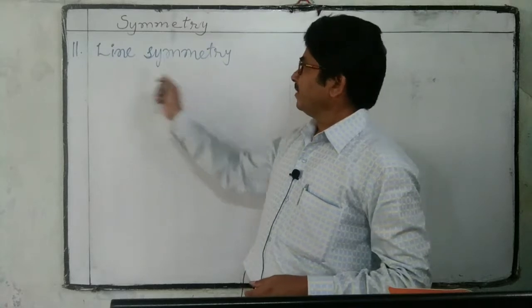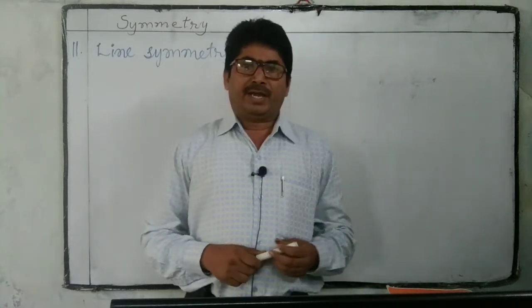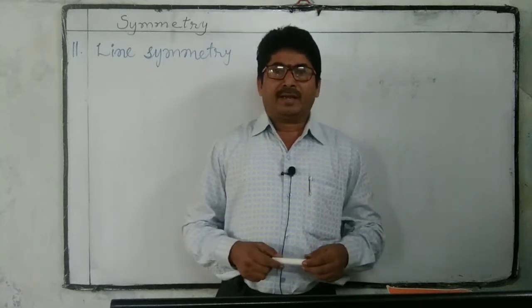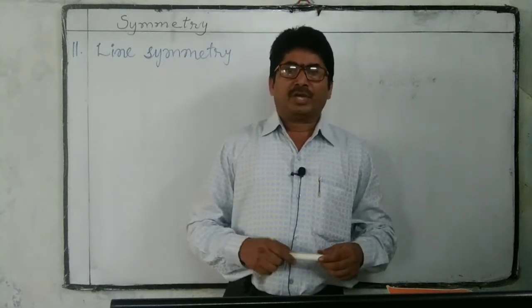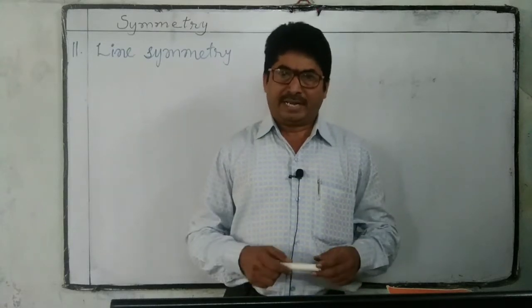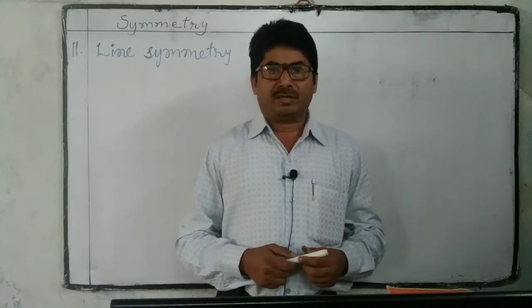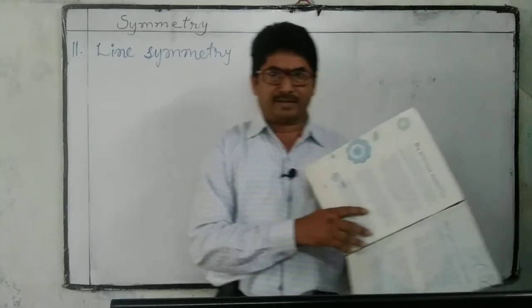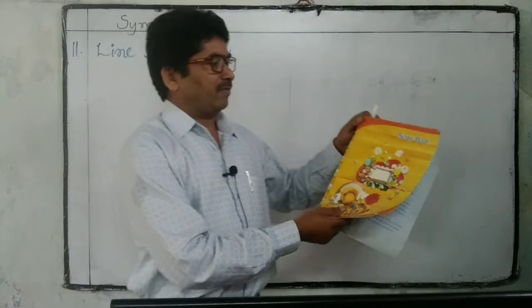Next, line symmetry. What is a line symmetry? If the figure is folded along a line, each part coincides with the other part exactly, it is called line symmetry. Let us observe once again this cover of scrapbook.